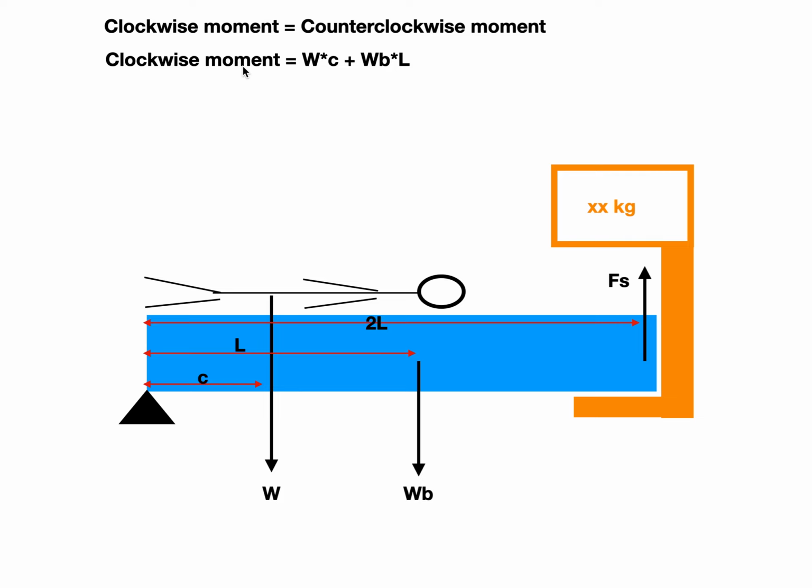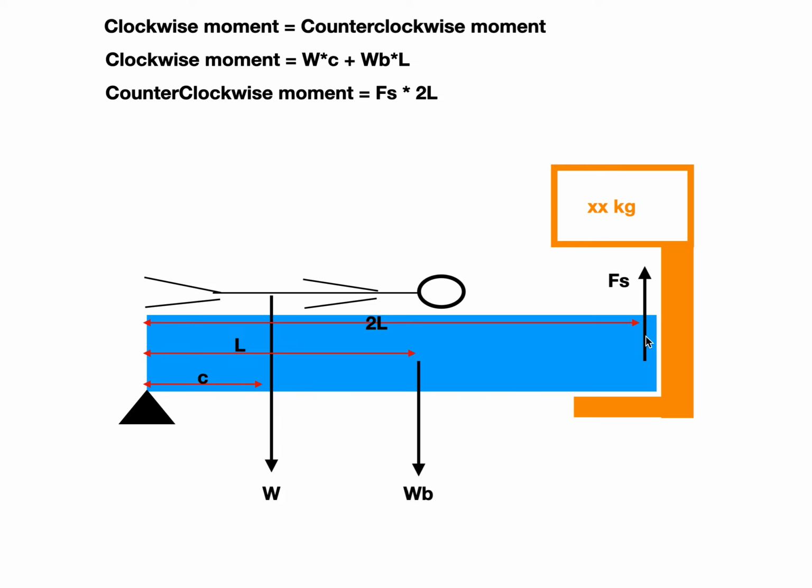And the clockwise moment will be this one, the weight of the subject times c, right? Force times moment arm, W times c. And also the other force from the weight of the board is also a clockwise moment. So it's WB times L, half of the length of the board. How about counterclockwise moment?